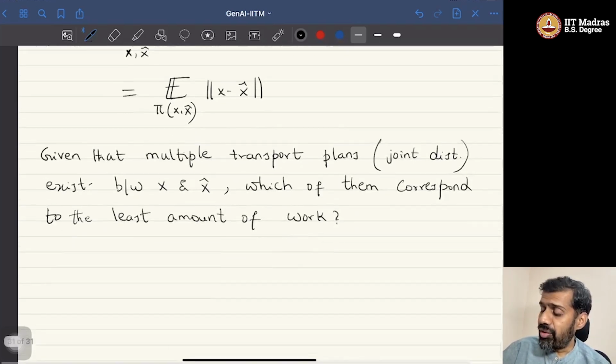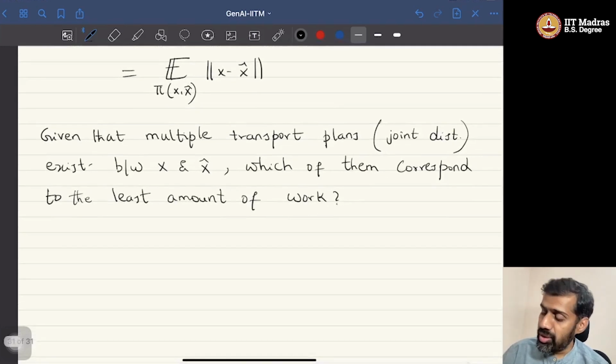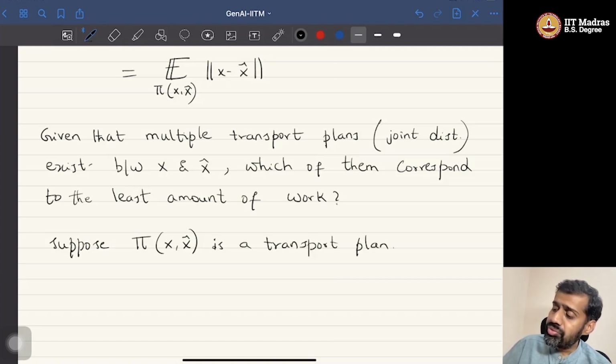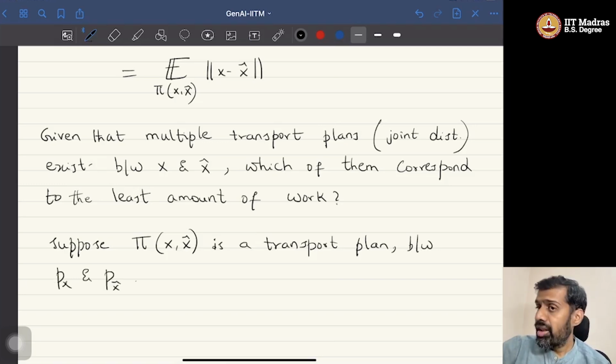Right? So if I have to calculate this, how do I do that? So let's suppose pi of x comma x cap is a transport plan. So what do we need? A transport plan between, let's say, px and px cap. So we have two distributions, px and px cap.